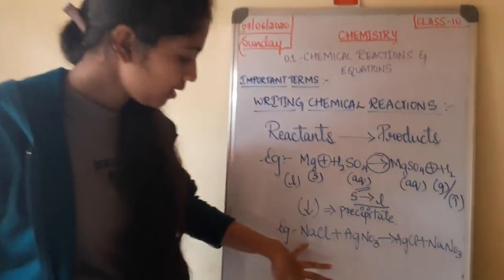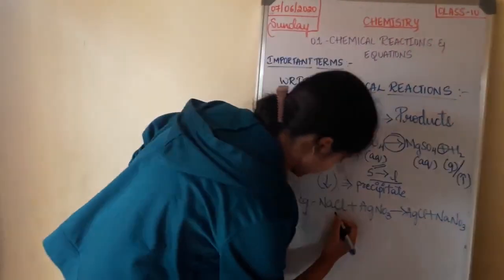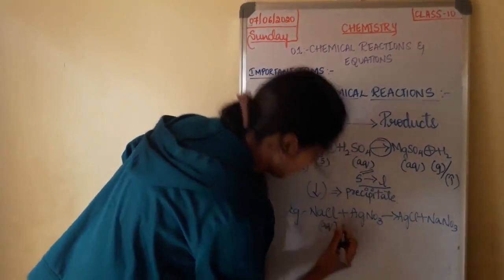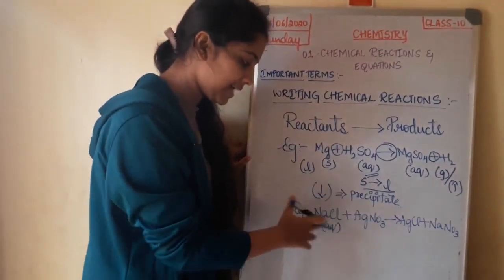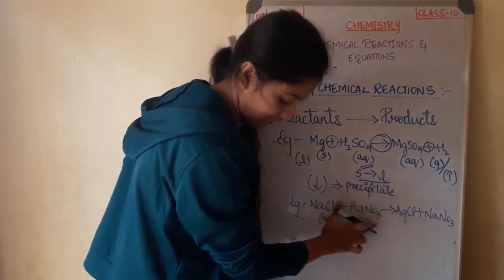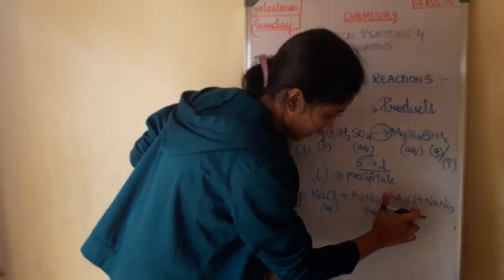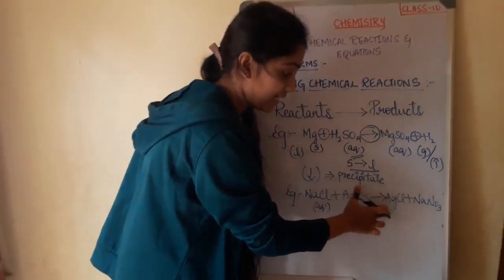Now sodium chloride is in the aqueous state. Sodium chloride, this is the common salt that we use in our daily life. So that is represented as NaCl, that is sodium chloride. And then we have silver nitrate. Silver nitrate is also in the aqueous state, but you have AgCl, that is silver chloride.